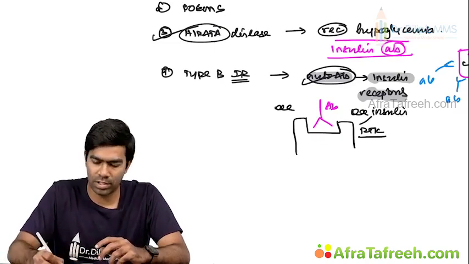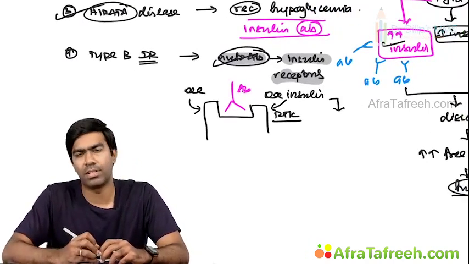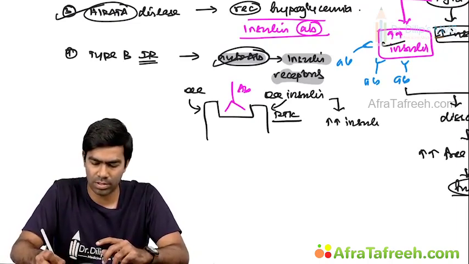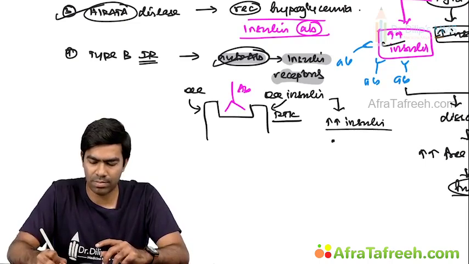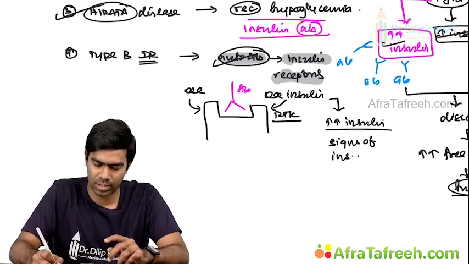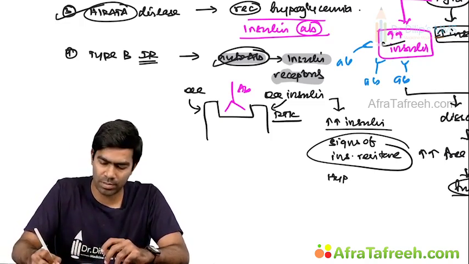So since the insulin cannot bind to this receptor, these patients, by feedback, will produce extremely high insulin. At the same time, they will develop signs of insulin resistance, and they're going to go for extreme hyperglycemia.